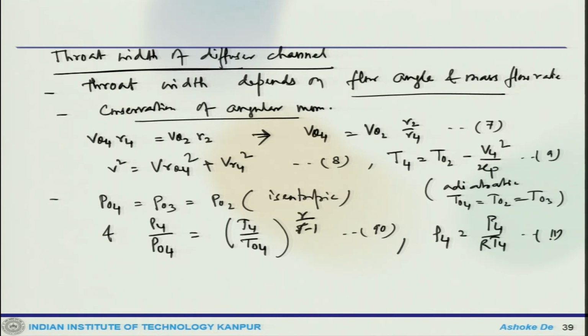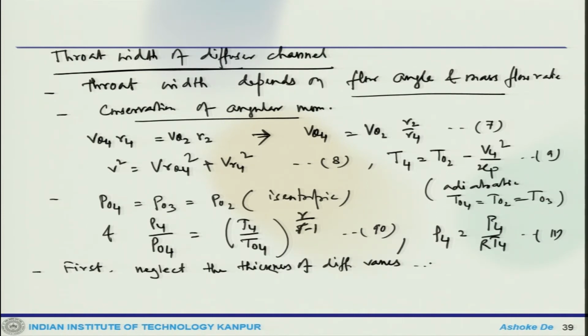Okay. So, one can start at the first approximation, you can say, one can neglect the thickness of diffuser vanes.